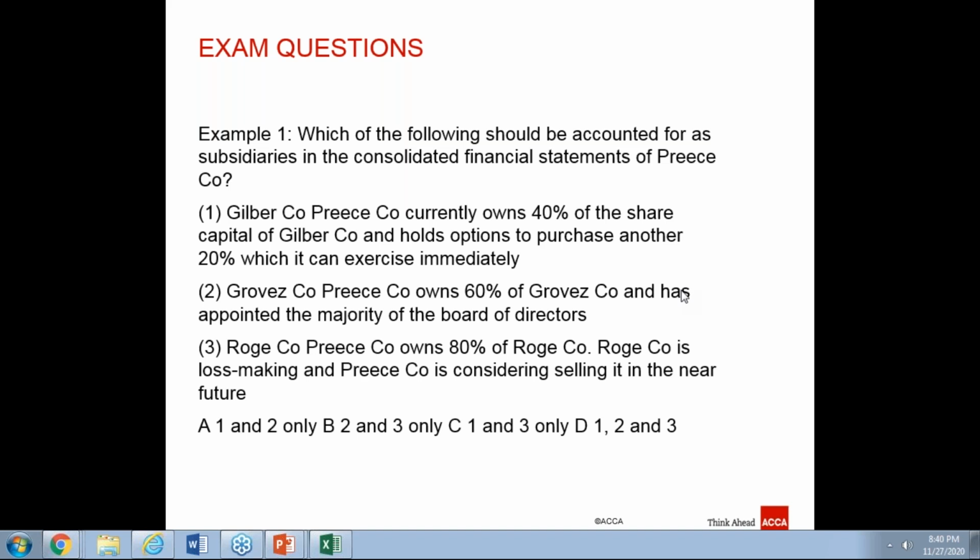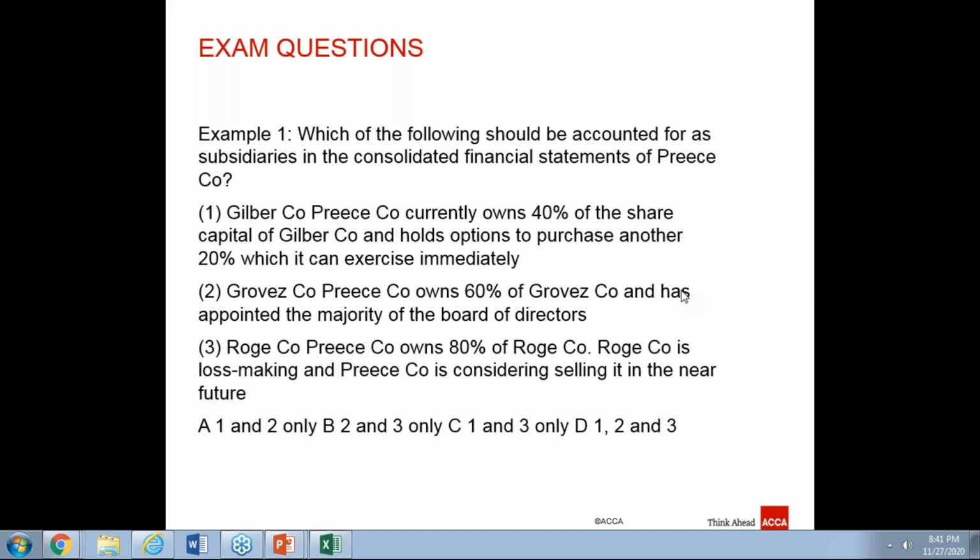So IFRS 3 says that whenever you are analyzing control, you have to see the current number of shares that the company has acquired and the future exercisable shares. But the situation must be that the portion of the shares that we can purchase in the future should be currently exercisable.